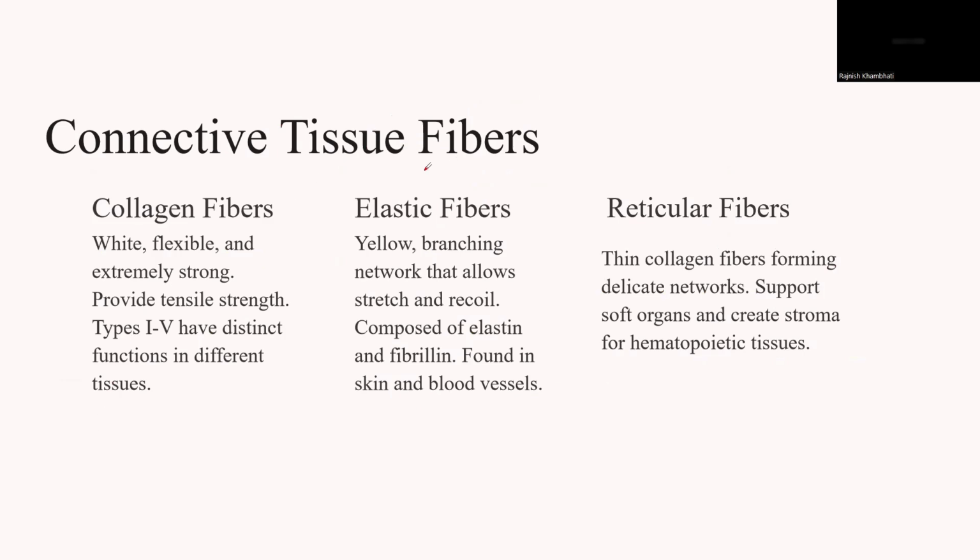There are fibers. Three types of fibers are there. Number one is collagen fiber. Collagen fibers are white in color. They are flexible in nature and extremely strong. They provide tensile strength, and they have a few types, from 1 to 5, with distinct functions in different tissues.